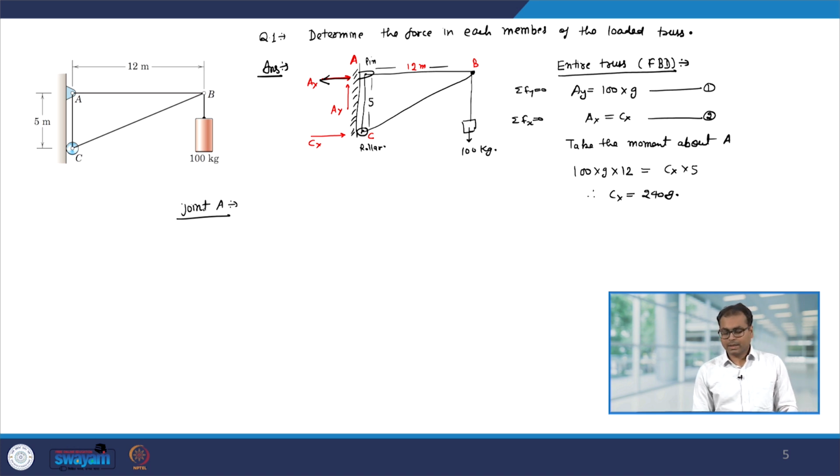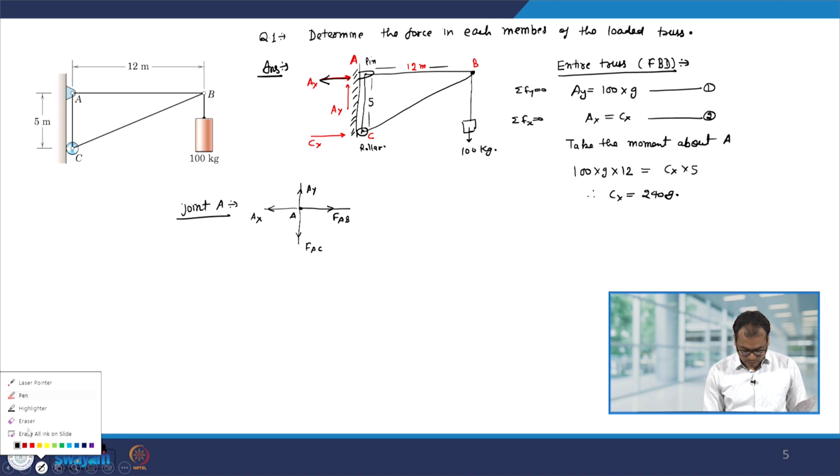So, let us make the free body diagram of joint A. This is point A, and at A you will have a force which will act from A to B, and I also have a force Ay which is acting at point A, and I will have a force acting from A to C. So, this is FAC, and then there is a force Ax which is acting at point A. Now, some of the forces we have already found out, so let us put those values.